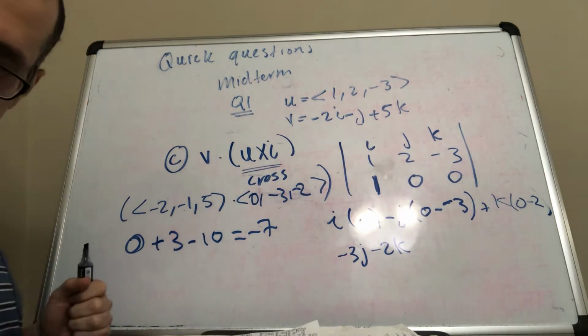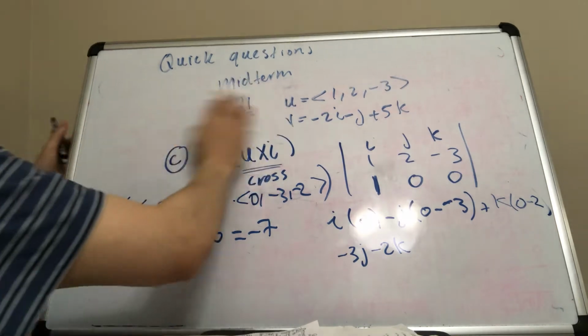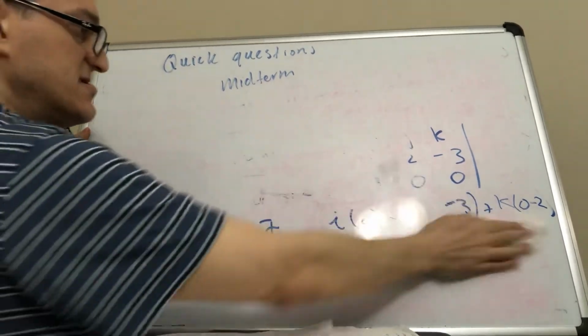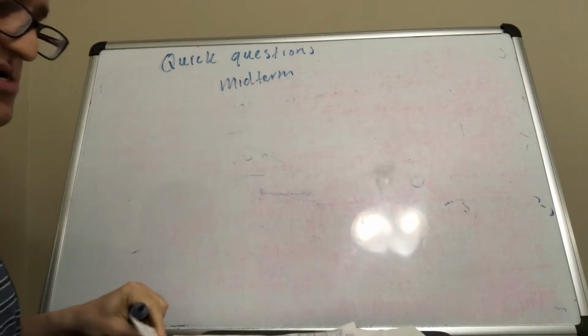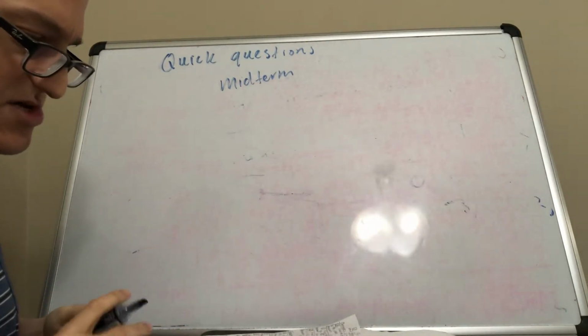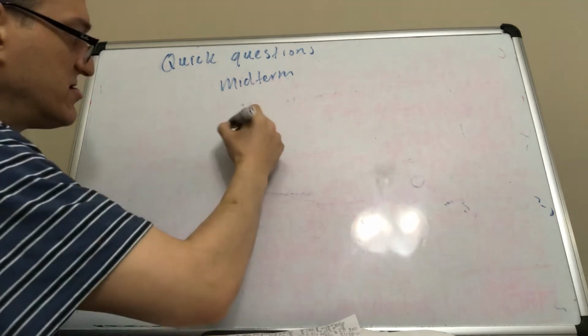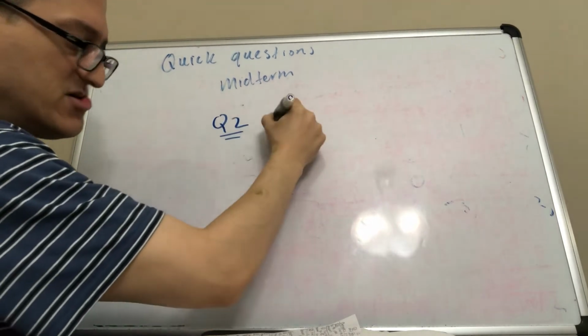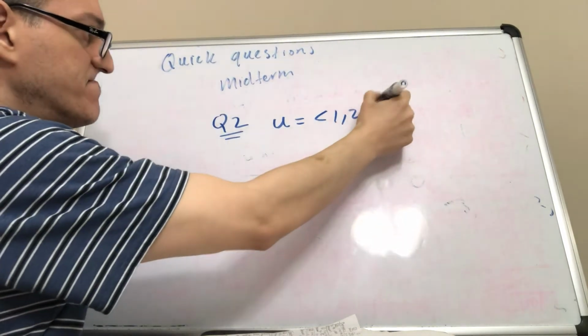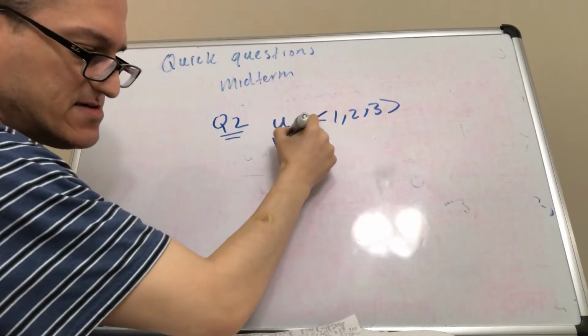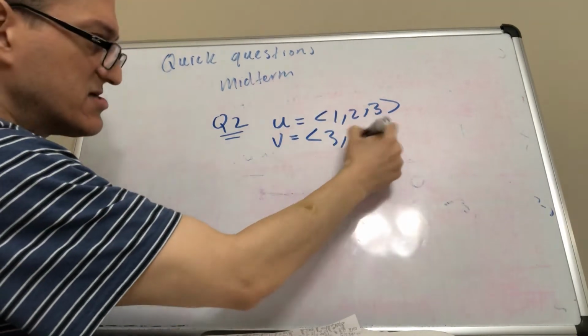Projection. You might see a question asking for projection of a vector onto a vector. So question 2, so you have a u, 1, 2, 3, and you have a v, another vector, 3, 6, minus 2.